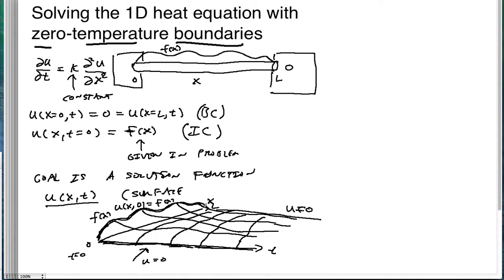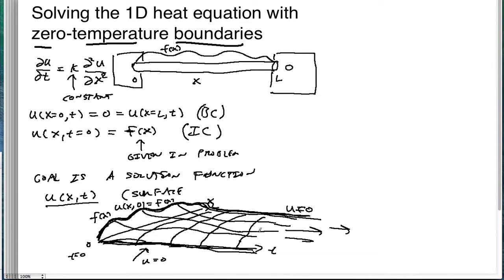So that's where the boundaries come in. If we think of u as a surface, we have this boundary specified. It's kind of pinned down, like carpet to the floor on the edges. And then we also have this function over here that specifies that outer edge of our boundary. We want to know what happens to this surface as time goes forward. So that's the form that this solution is going to take.